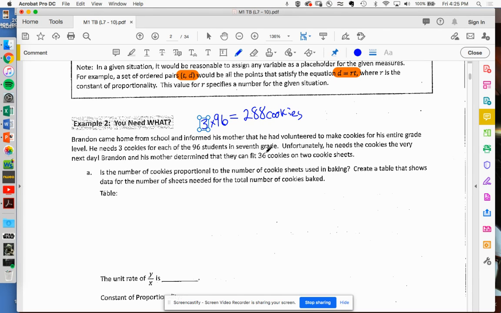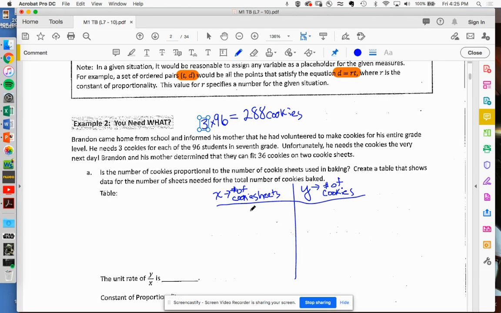So our X is going to be the number of cookie sheets, and over here, our Y, the dependent variable, is going to be the number of cookies we can bake.